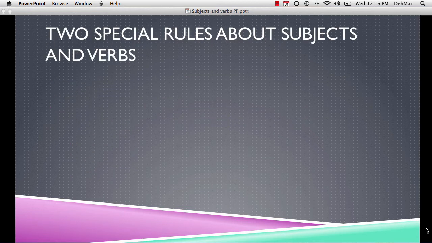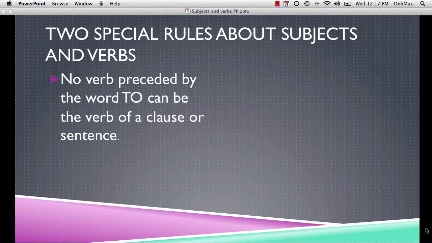There are a couple of special rules to keep in mind about subjects and verbs. First of all, no verb preceded by the word to can be the verb of a clause or a sentence. It's called an infinitive. So if you have the sentence, Paul wanted to be a rock star, the verb is wanted, not to be or not be, because be is preceded by the word to.